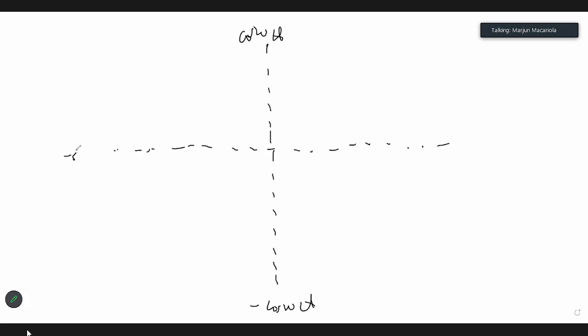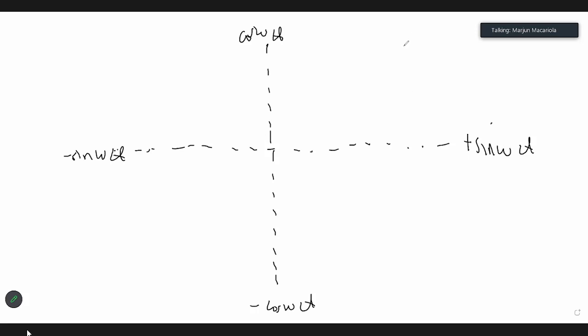Okay? So when dealing with constellation diagram, again, you're going to create an imaginary vertical and horizontal lines. Again, its label is cosine omega ct, negative cosine omega ct, negative sine omega ct, positive sine omega ct, and ilalagay mo yung dibits mo.